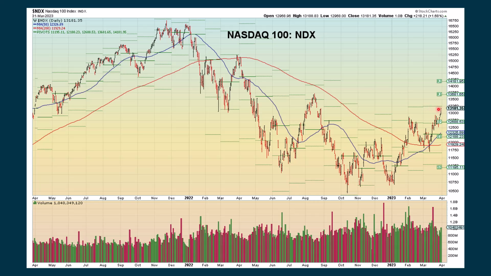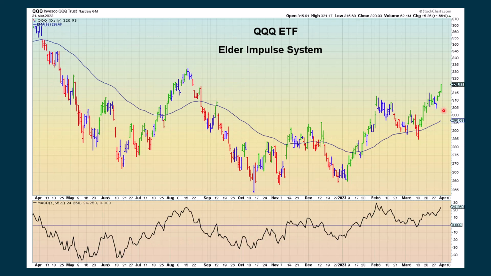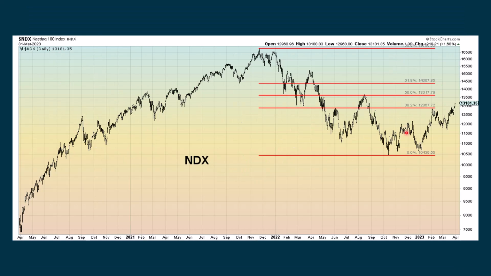We still have some overhead resistance above current price, and we're also positive with the Elder Impulse system. This did get up to the 38.2% retracement, and then we fell back from there. We broke above that. Now we have some more resistance at the 50% retracement. Can the NASDAQ 100 continue to go, or are we going to pull back first?